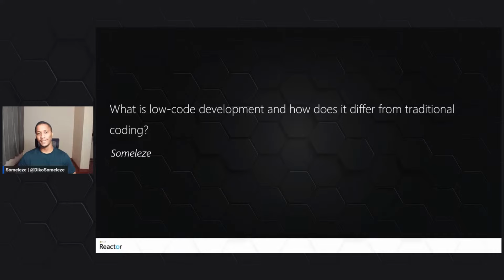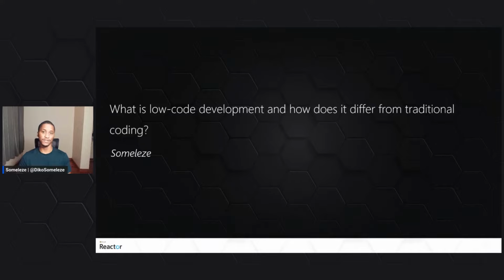So local development ideally is more focused around you building solutions to boost your productivity and using local tools like the Power Platform. So in this case, if you do not necessarily have a traditional technical background, for example, you don't have programming language experience like C Sharp, Java, and all of those things, but you still want to build solutions to boost productivity either for yourself or for your organization or for your company, then that's where low code development actually comes into play, where you build solutions without writing any code.